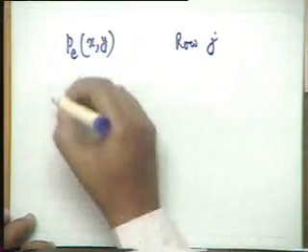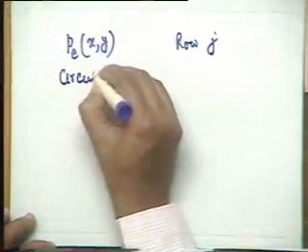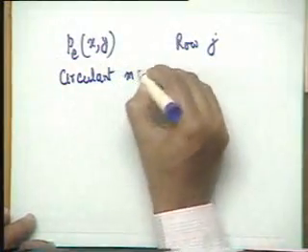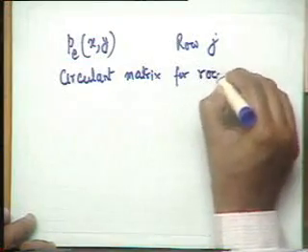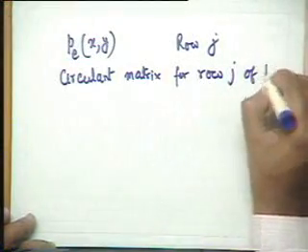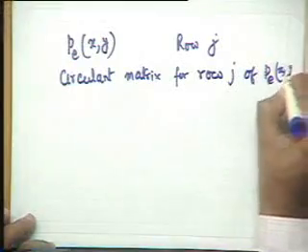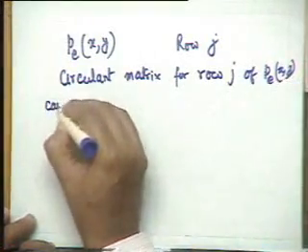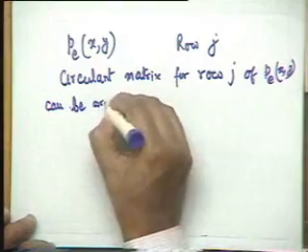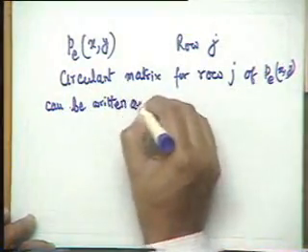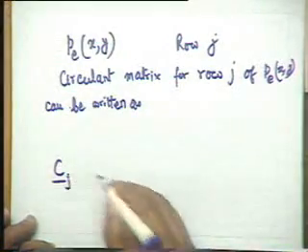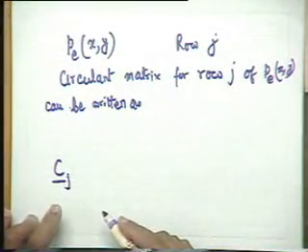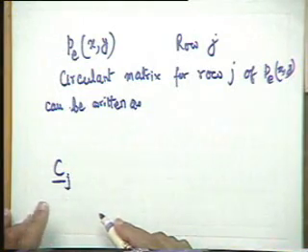So the circulant matrix for row J of p_e(x,y) can be written as, let us call that circulant matrix by the symbol C, and we are indicating some suffix J, so that it is the circulant matrix of the jth row.